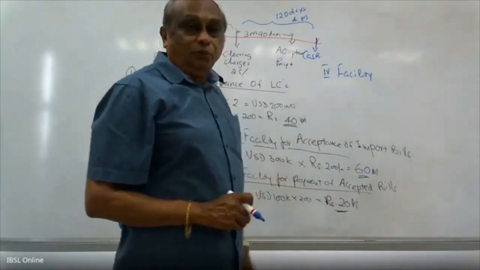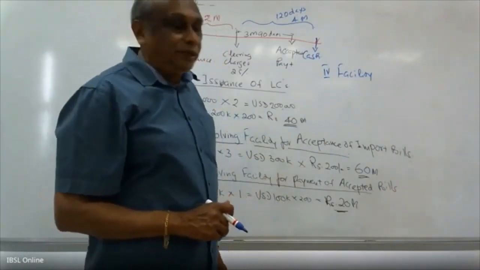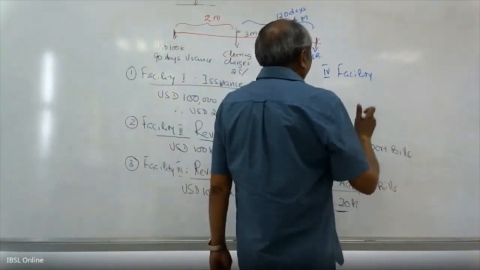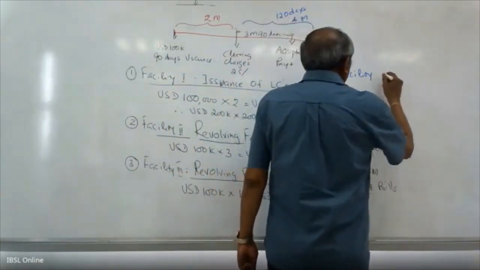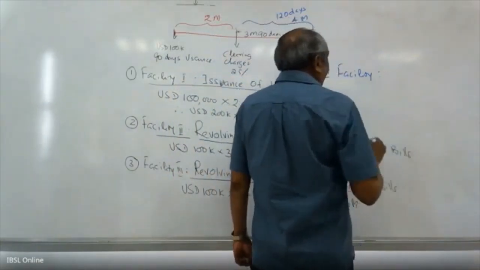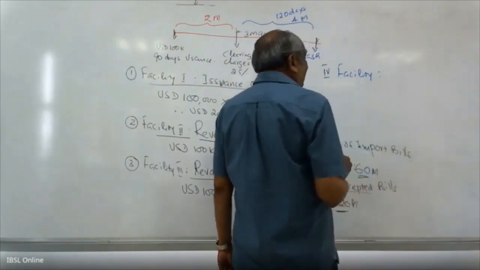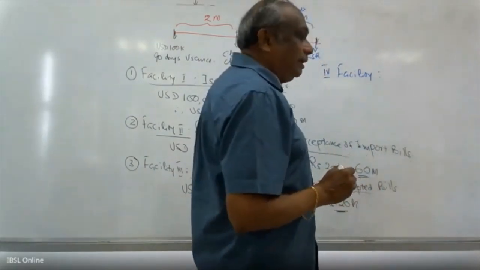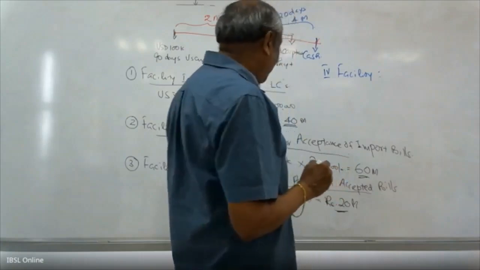Now the facility number 4 is revolving import loan. Sorry, it can't be import loan. OD facility.